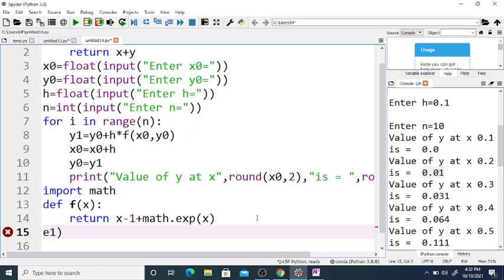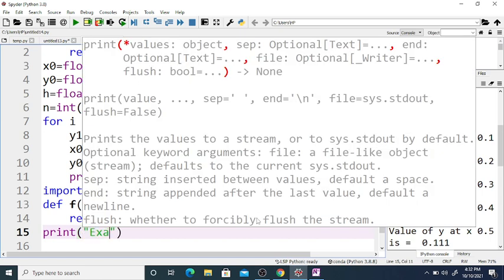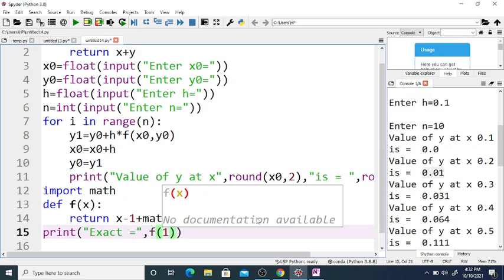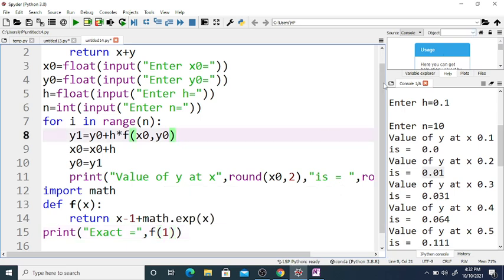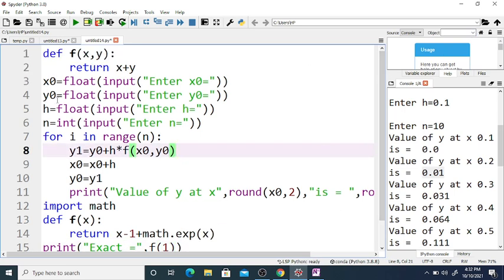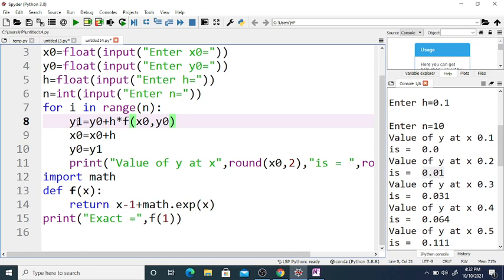So print exact solution, exact answer is equal to, okay, say f of 1. Now here we enter x0, y0, h, n, then by using the Euler formula we obtain y1, then we again find x0, which is x0 plus h.